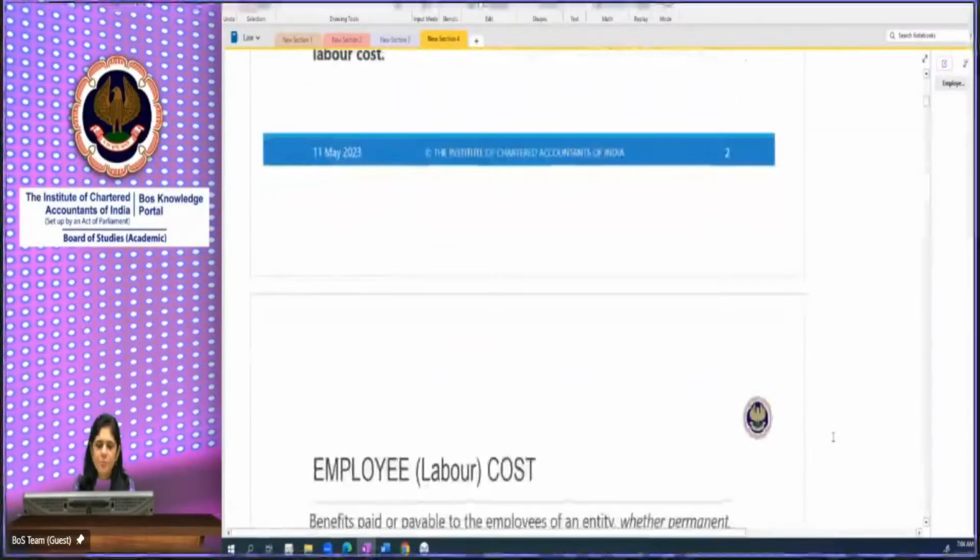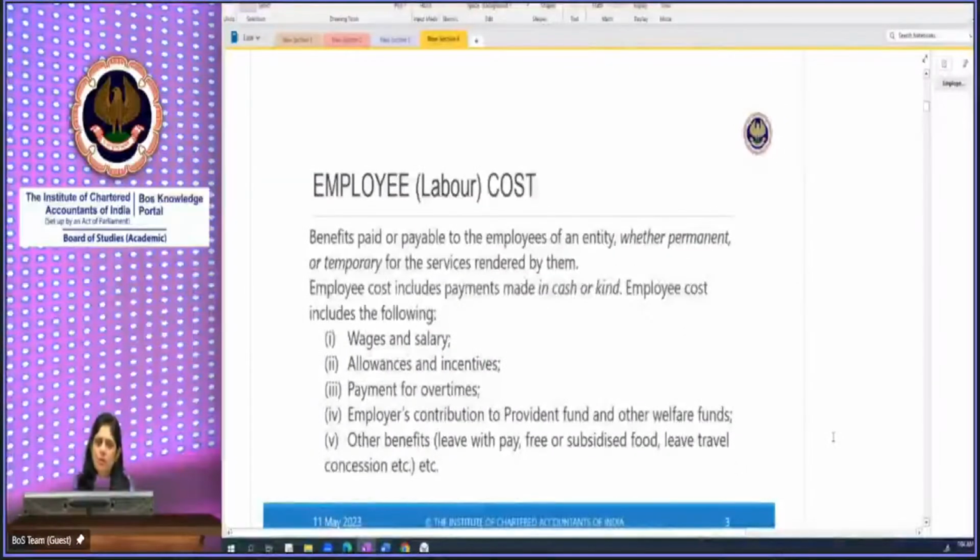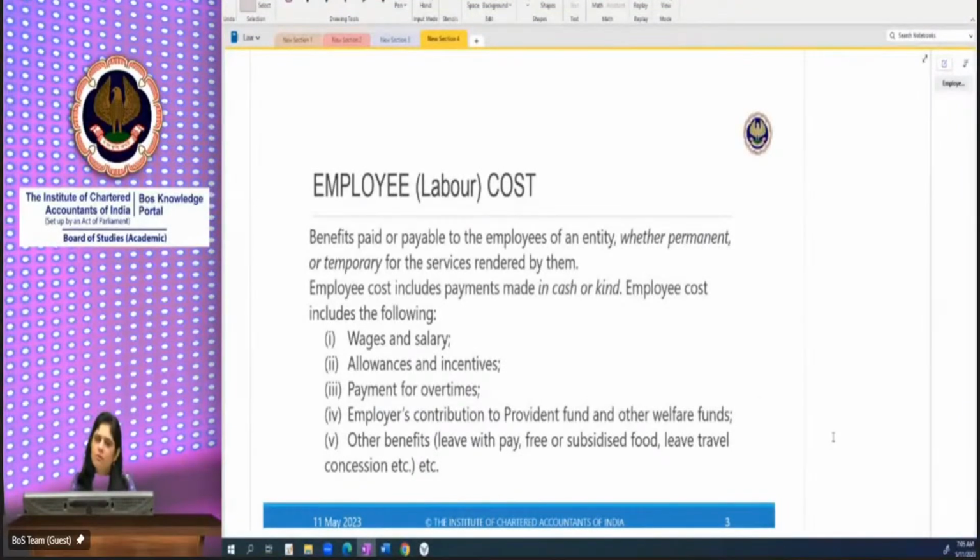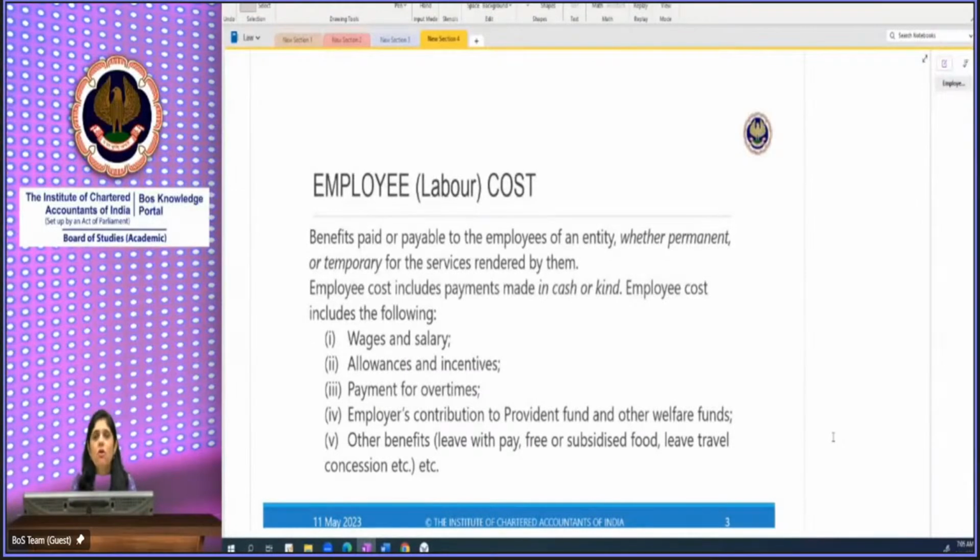All right. So the labor cost, what exactly is included? Benefits paid or payable to the employees of an entity, meaning an organization, whether permanent or temporary, for the services rendered by them. So whatever benefits, whether salary, bonus, benefit, kind, cash, whatever benefits the employer is paying to the employees, whether permanent employees or temporary employees.